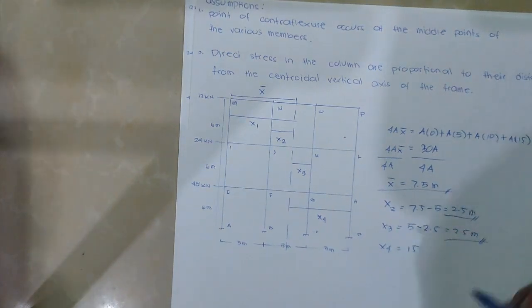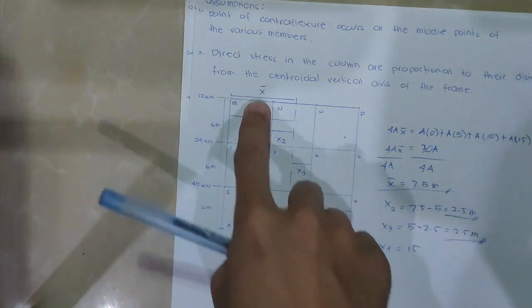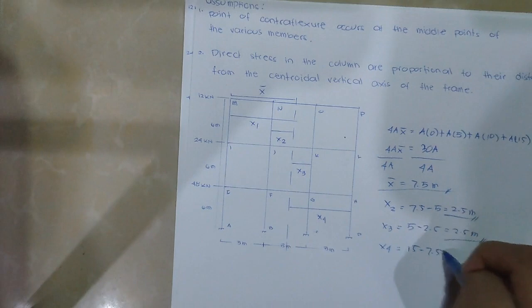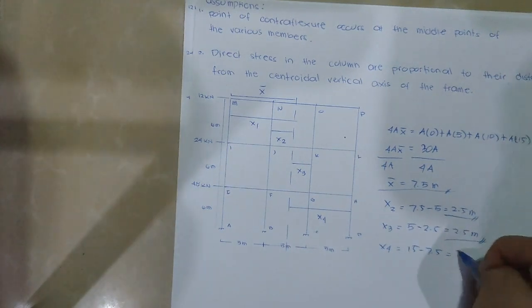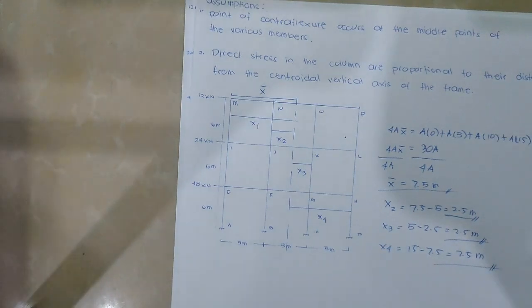Then subtract our x bar or x1 to get x4. 15 minus 7.5 is equal to 7.5 meters. So we got the distances.